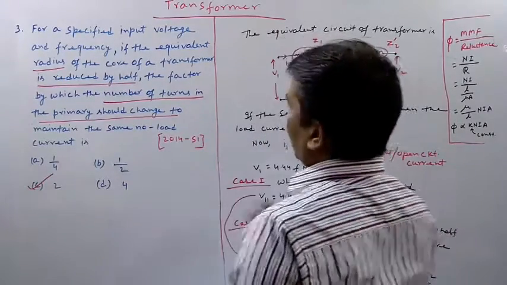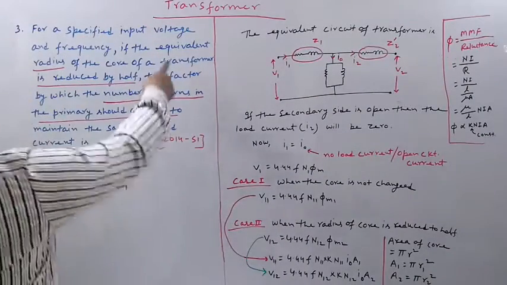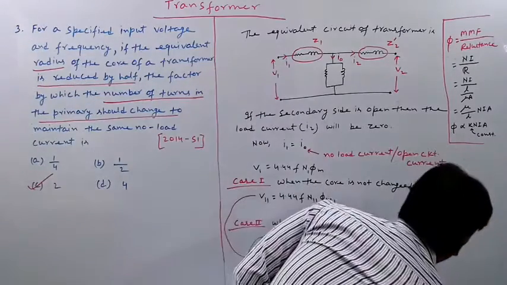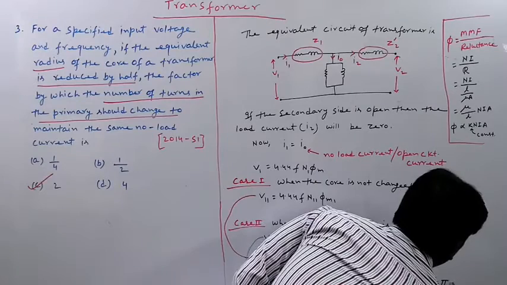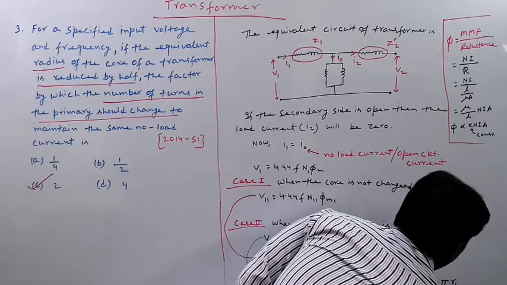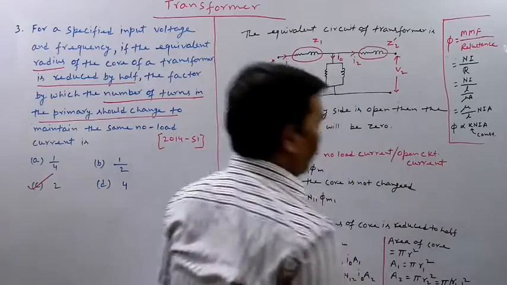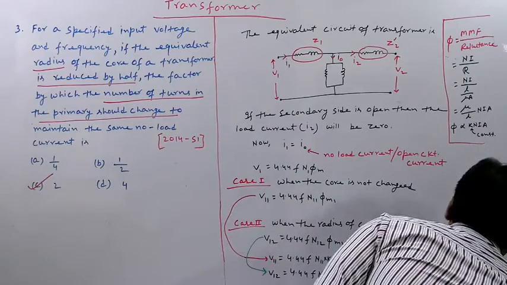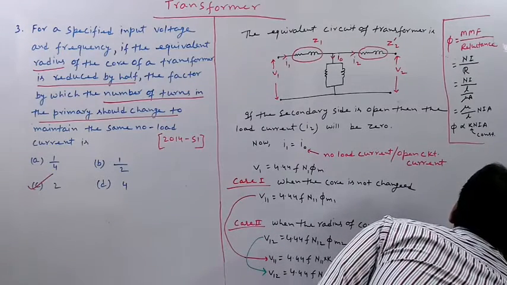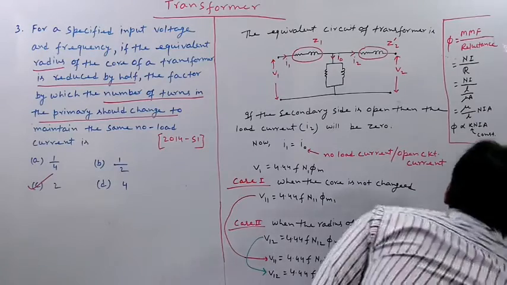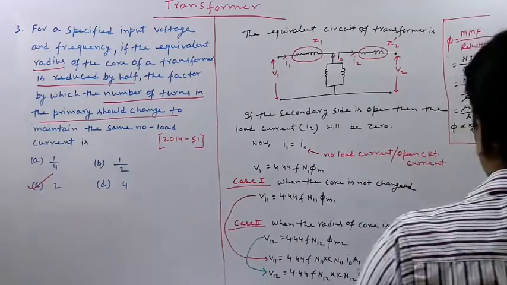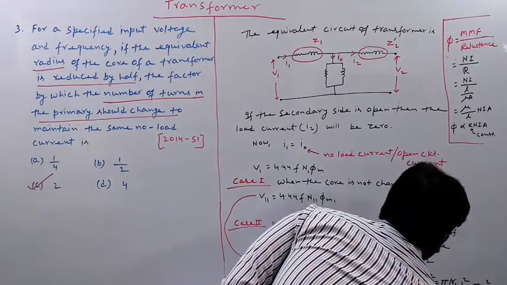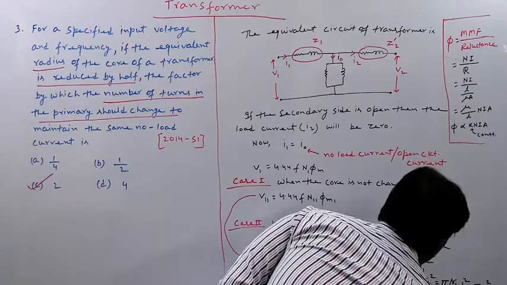As we can see, the radius is made half, so r2 will be r1 divided by 2, and A2 will be pi r1 square by 4.